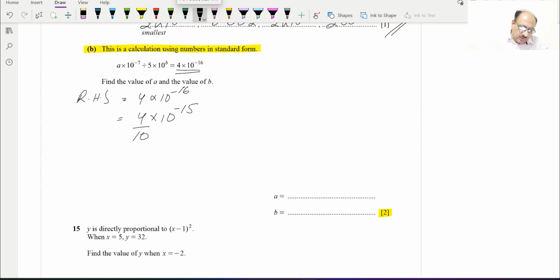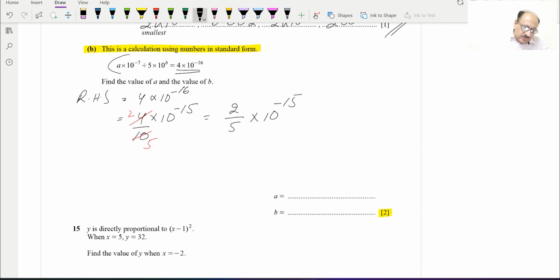What we have done is taken one 10 from this and shifted it to the denominator, and now we can cancel this. 2 2s are 4, 2 5s are 10, and our number will become 2 over 5 into 10 raised to the power minus 15.